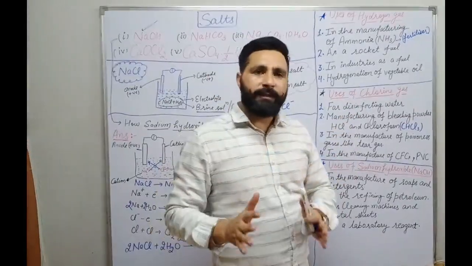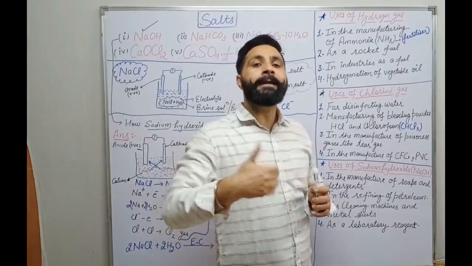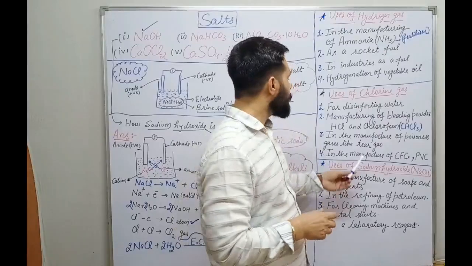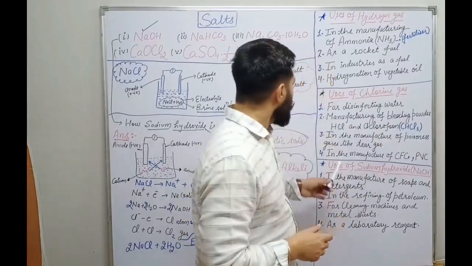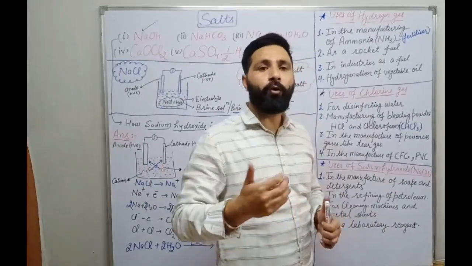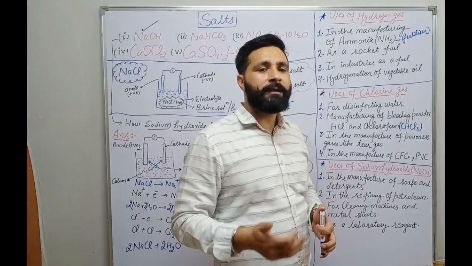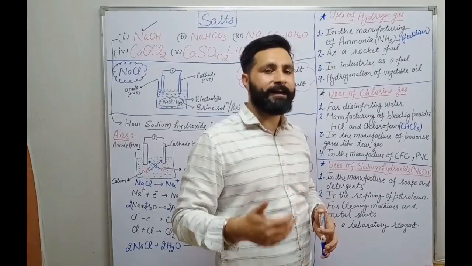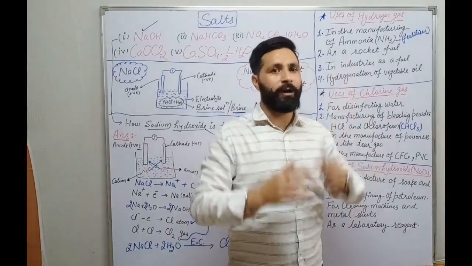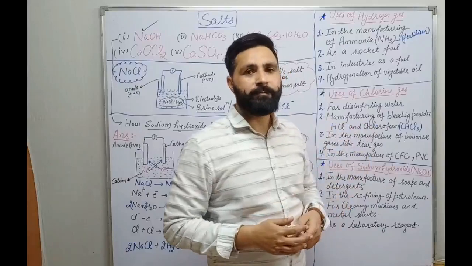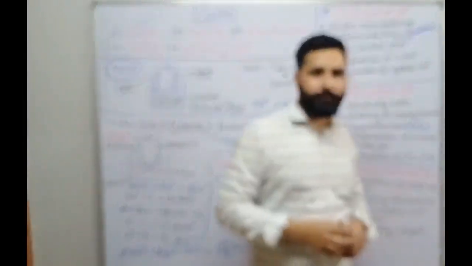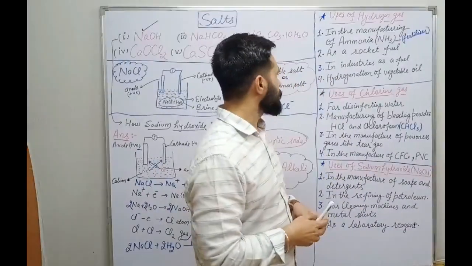Chlorine is a poisonous gas, so it is used for making other poisonous gases like tear gas. In the manufacture of CFC, PVC. What is CFC? Chlorofluorocarbon. I think you have heard this chlorofluorocarbon in 9th grade also. It is the gas which is used in refrigerators, which depletes the ozone layer, which is harmful for the atmosphere. PVC is a plastic, polyvinyl chloride. It is a variety of plastic.